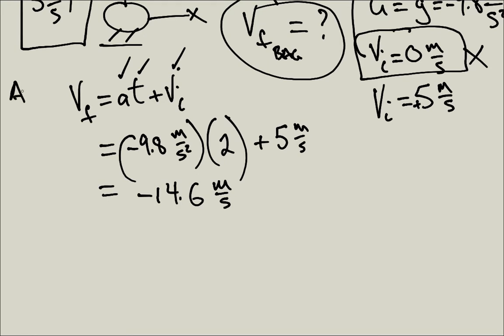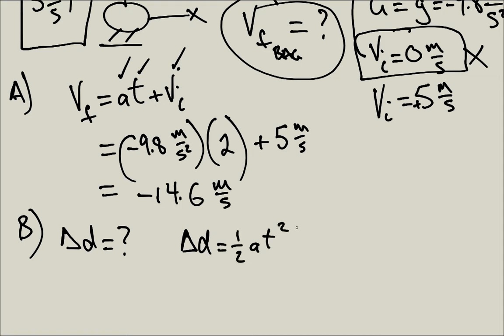The question for part B is, how far has the bag fallen? So delta D equals question mark. In this case, we could try and use this equation: delta D equals 1/2 AT squared plus VIT.